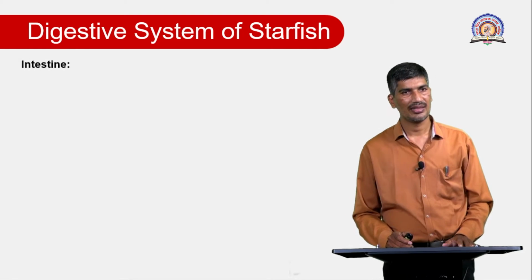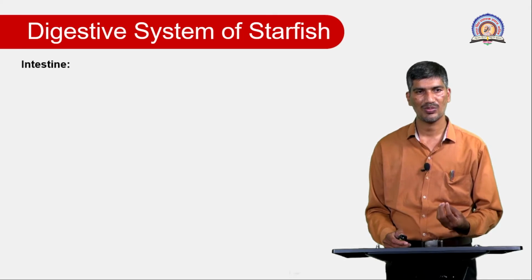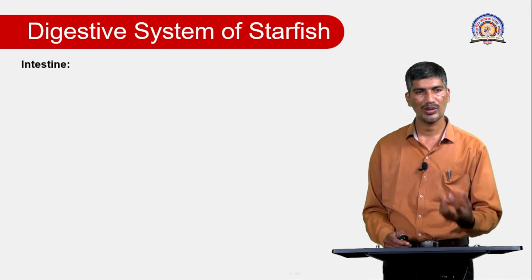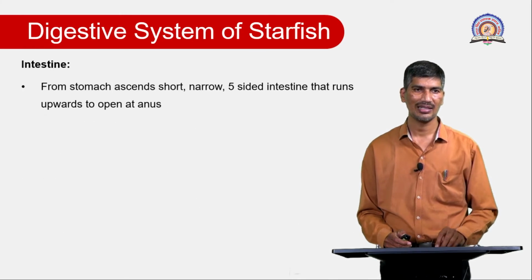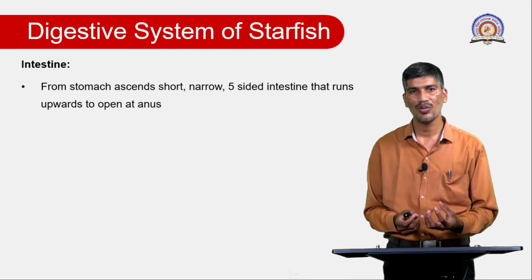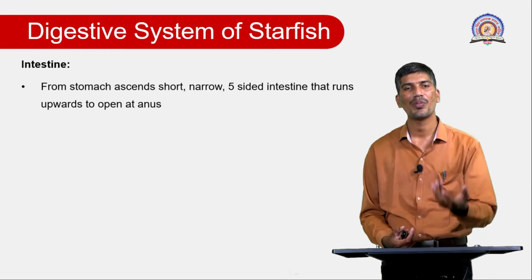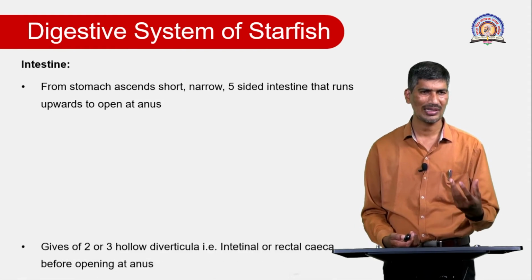Next, the pyloric stomach again opens into a small tubular portion. This is known as the intestine. This intestine is a short, narrow, ascending intestine that runs in an upward direction and opens into the anus. This is a very small structure.